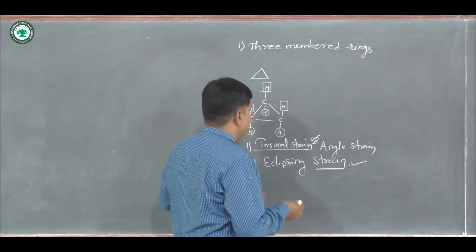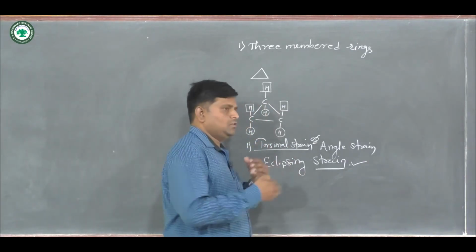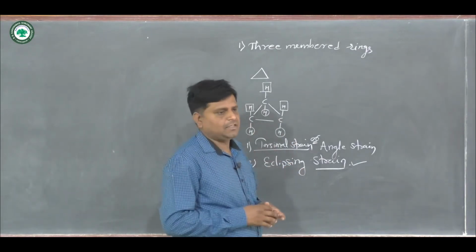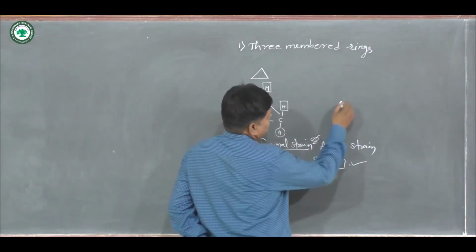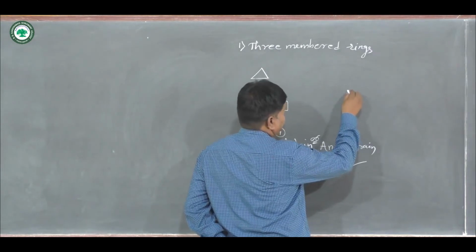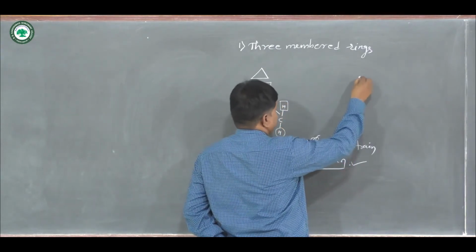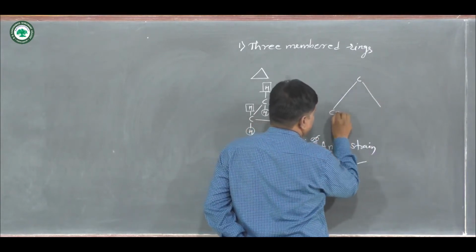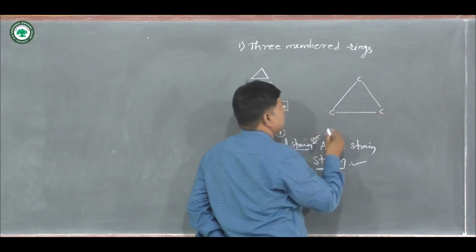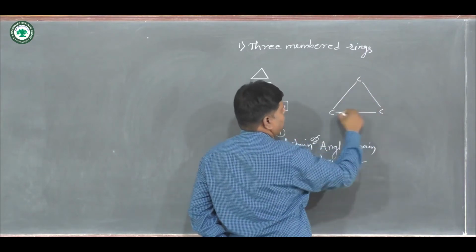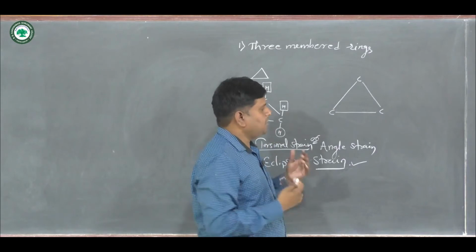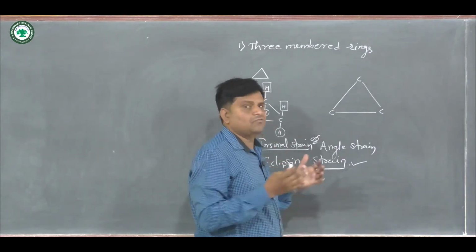When we go to the model of the three-membered ring system, we see that the bonds are not straight. Suppose we show these three carbon atoms; the bonds we represent here are straight line bonds, but in actual condition these bonds are bent outward.